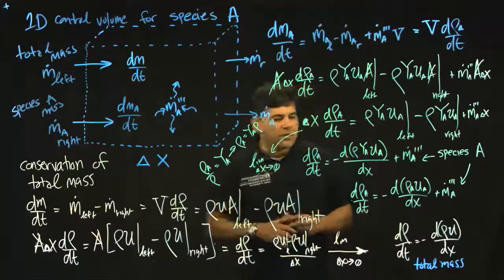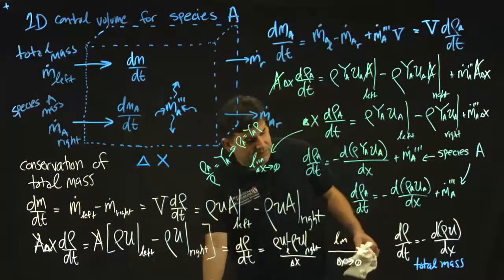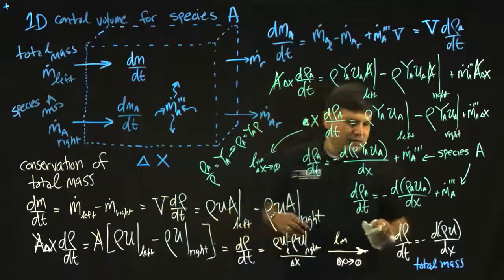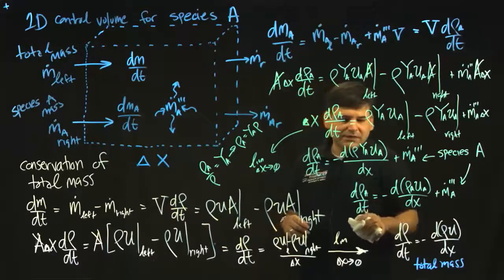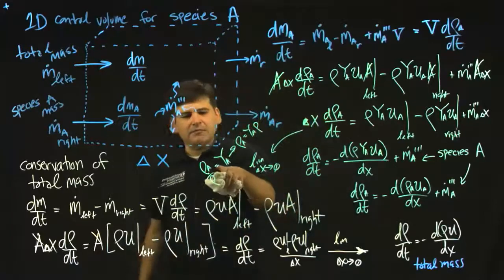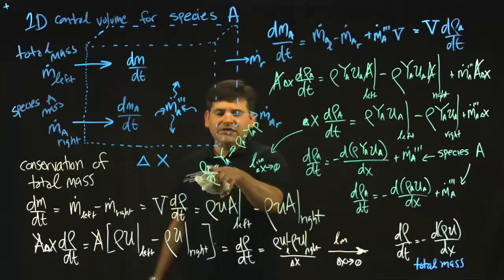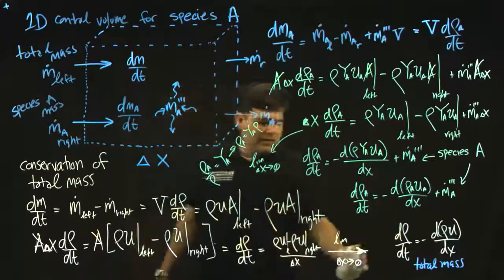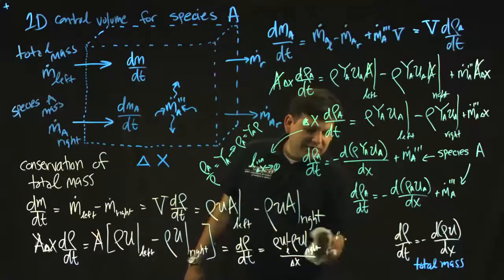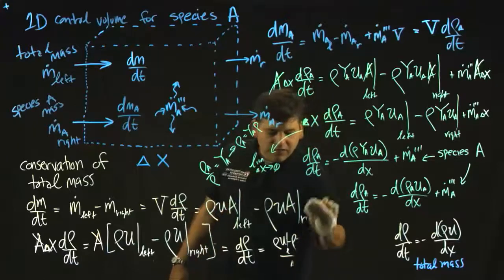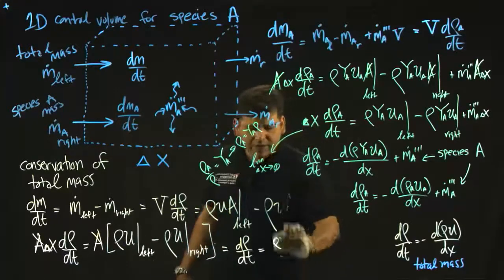But another thing to notice is that we can write this total mass here, if we're saying that this mass density of each species is related to the total mass density of the mixture. What that's saying is that, like a concentration or mass fraction, the sum of all the mass fractions has to equal 1.